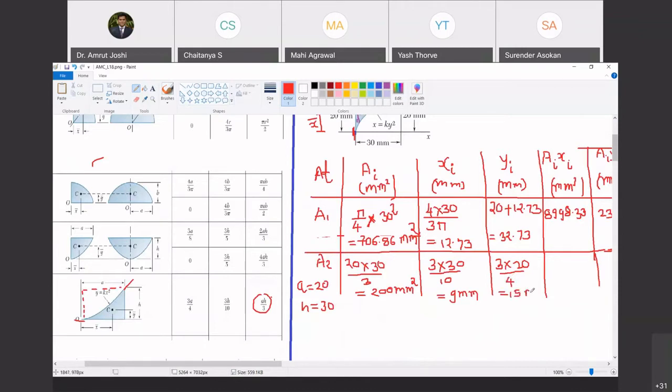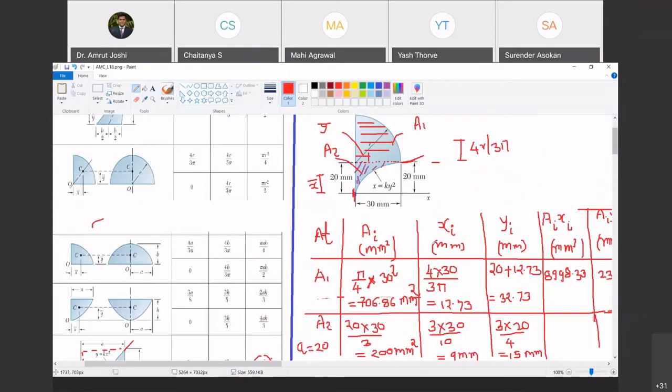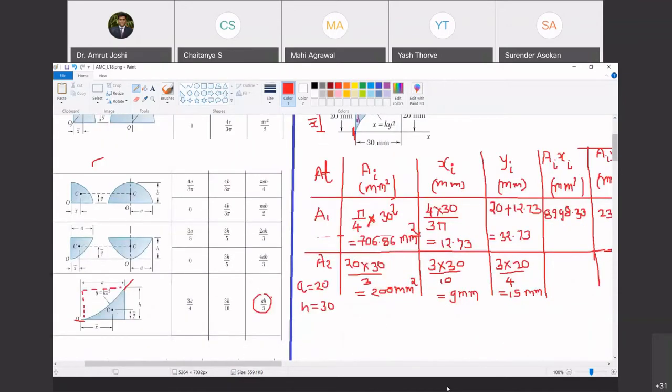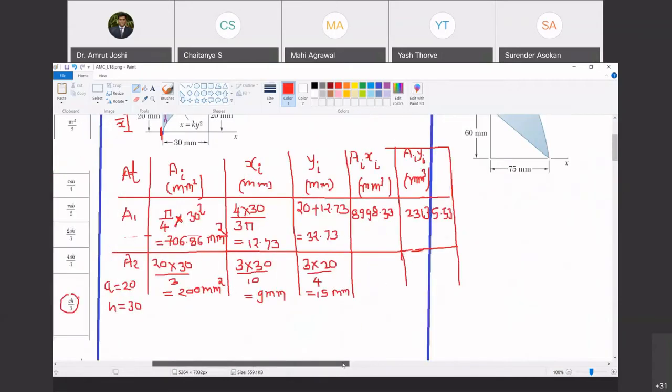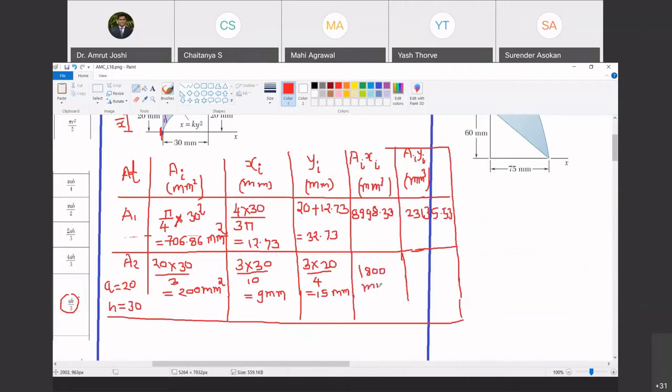Yes, sir. 15 mm. So this is done now. You should tell me what is the value of AIXI and AIYI. Sir, AIXI is 1800 and AIYI is 3000.